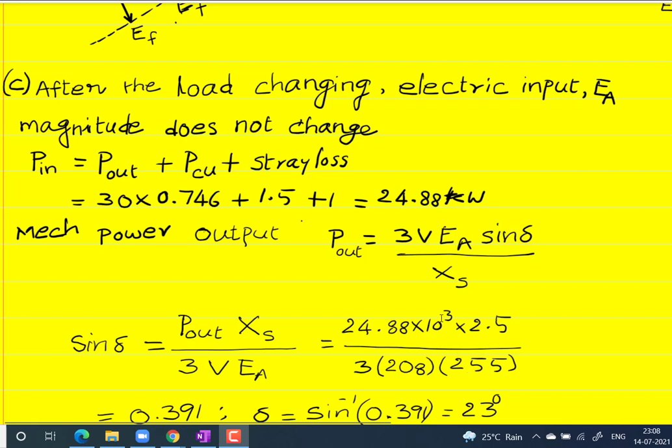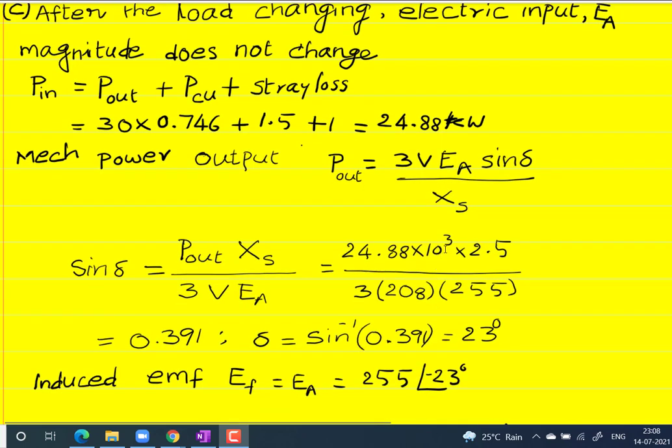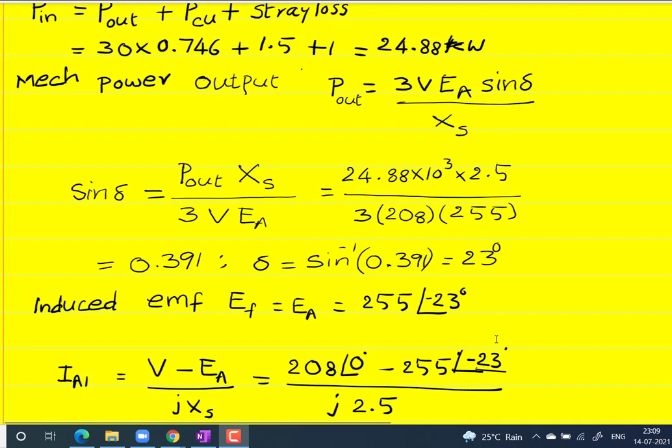Here this 10 cube comes because 24.88 is the output in kilowatts, so to convert that to watts, we have to multiply by 10 cube. Once we simplify this, we get sine delta equal to 0.39. From this we can calculate delta. The delta comes as 23 degrees.